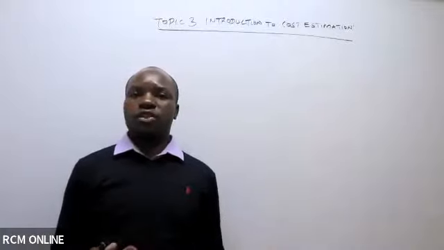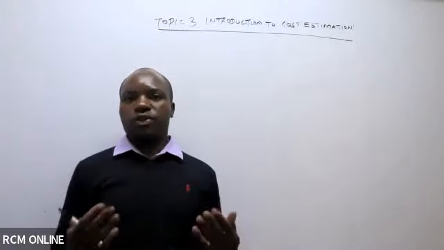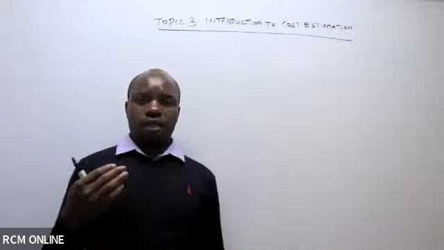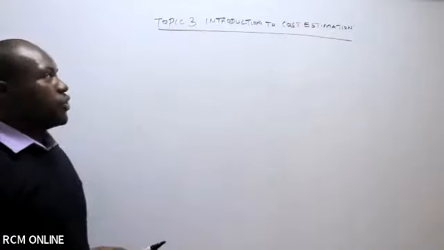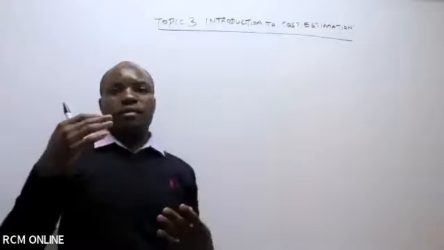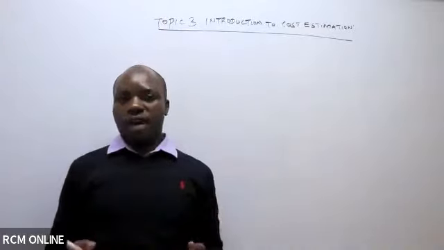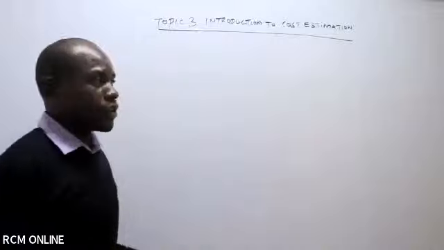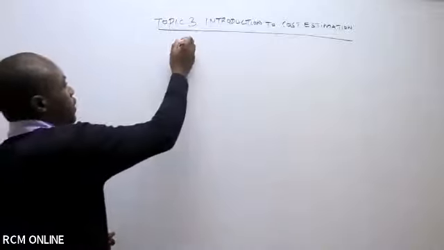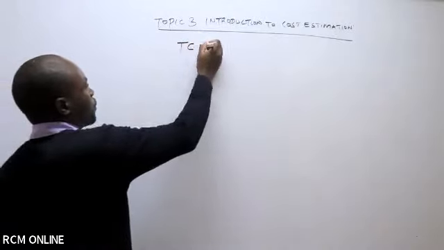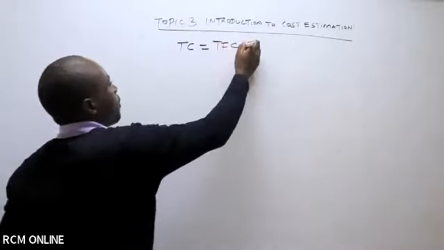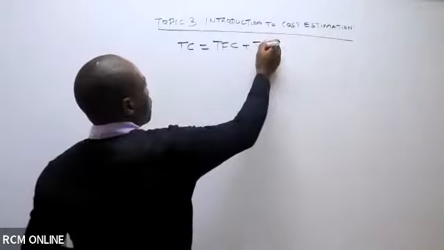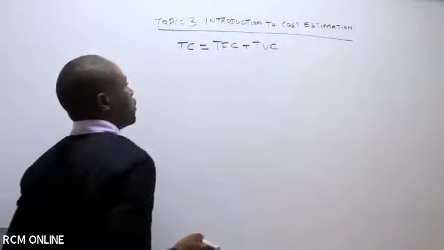Under cost estimation, we have many methods that we're going to use to do our cost estimation. As the topic reads, introduction, we are not going to deal with more than one independent variable. That is, our cost function will be in the simplest form: total cost is equal to total fixed cost plus total variable cost.